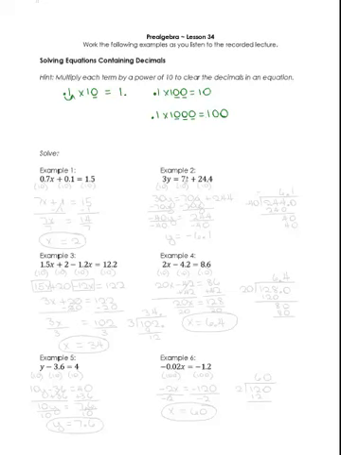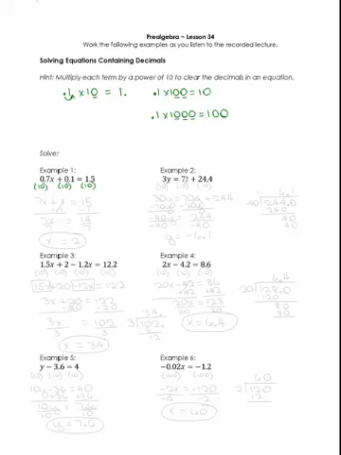Example number 1 has 3 terms, 0.7x, 0.1, and 1.5. Each of those terms only has 1 decimal place. If I multiply them times a 10, they will become whole numbers. Remember, a 10 with 1 zero moves the decimal 1 point to the right, and that's all I need to get rid of 1 decimal place.